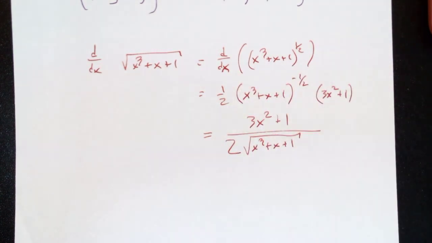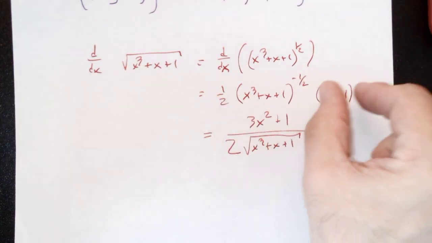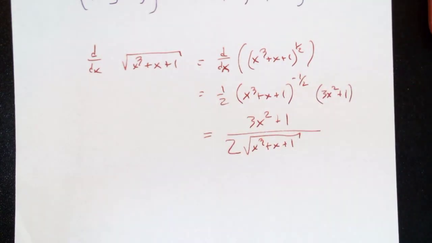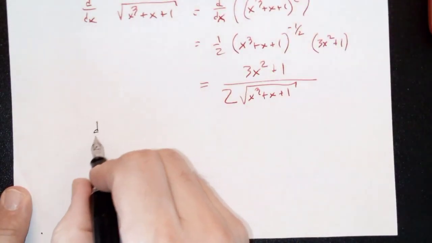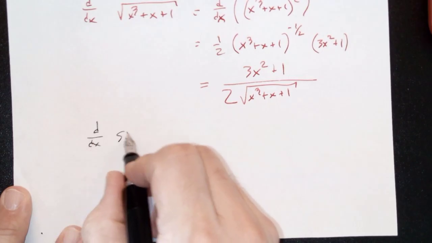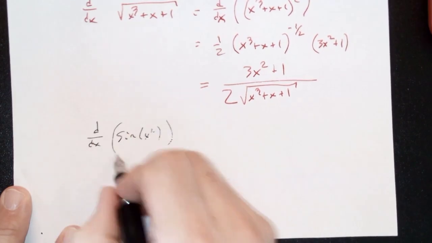I didn't write what outside versus inside. I just did the derivative in two parts. Other questions? What is the derivative of sine of x squared?